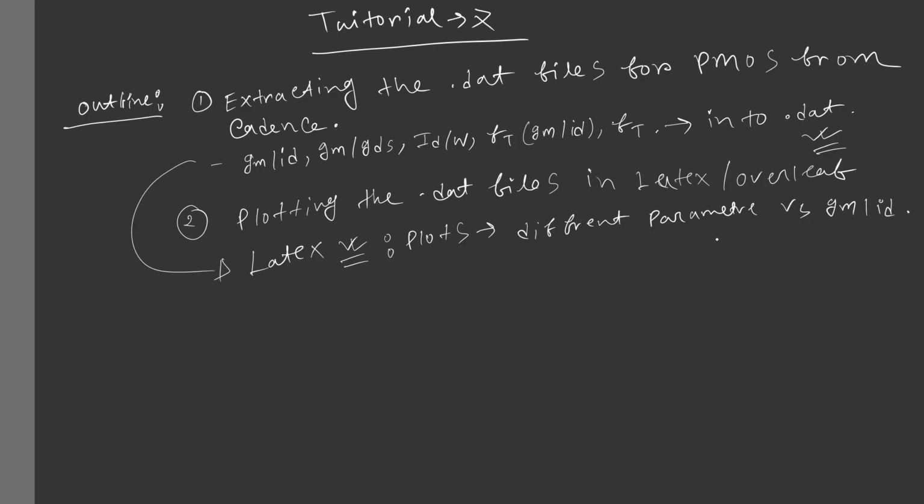That means different parameters versus transconductance efficiency. For example, GM over GDS versus GM over ID, and then, say, ID over W versus GM over ID.